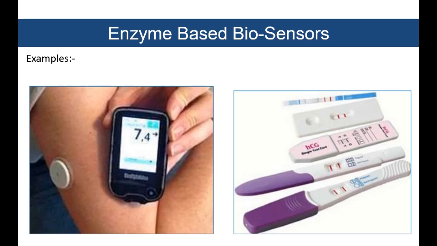So in this chapter we have learned about chemical and enzyme-based biosensors, and how the biosensor works when dealing with chemicals and enzymes. We have seen the blood gas sensors, the blood pH sensor, the PCO2 sensor, the microbial biosensor, and the enzyme-based biosensor.